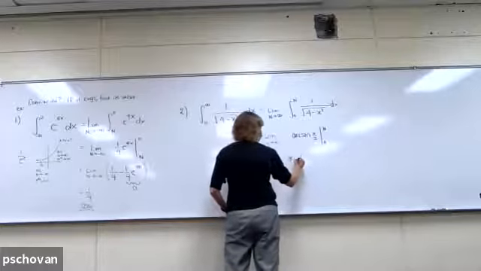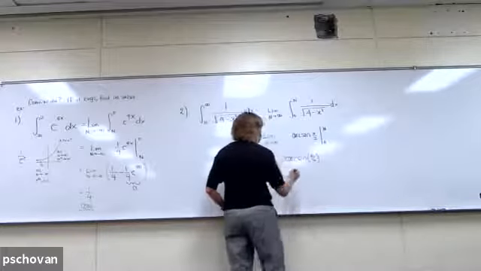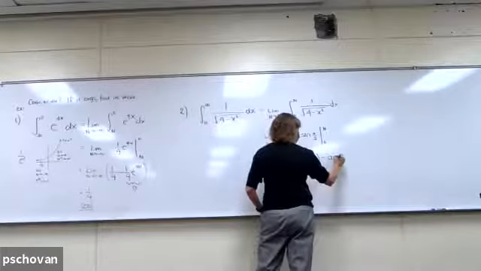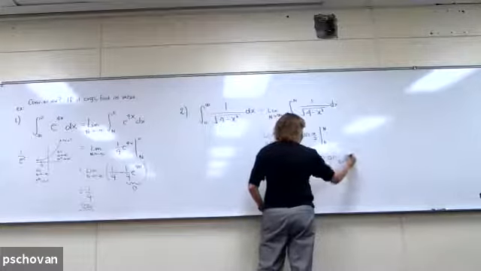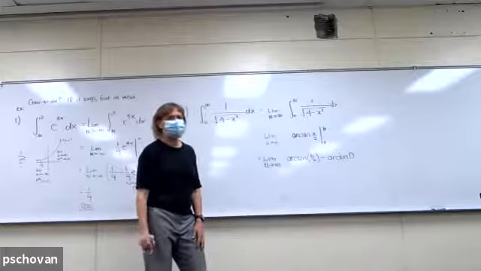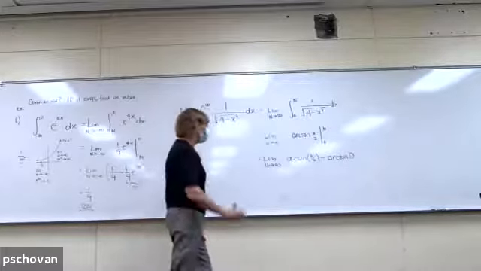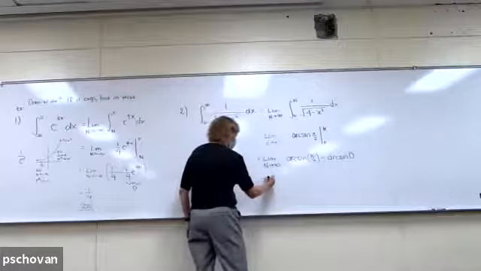So we have the arc sine of n divided by 2 minus the arc sine of 0. But I bet you know the arc sine of 0 is 0, since the sine of 0 is 0. So what we're going to do is figure out this bit here.